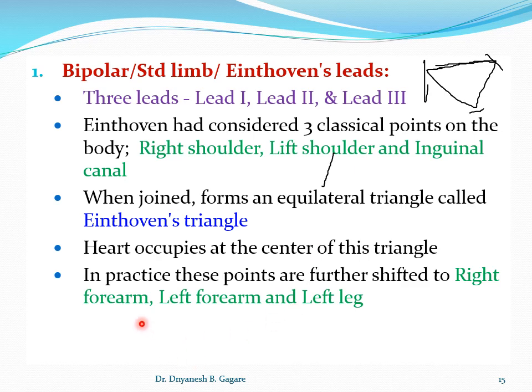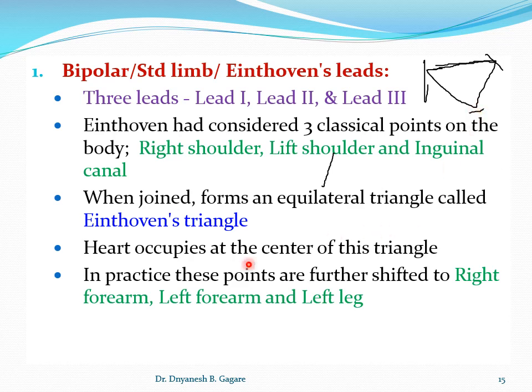In actual practice when you are recording the ECG, these 3 points, right shoulder, left shoulder and inguinal canal, are near the umbilicus. So these 3 points are further shifted to the right forearm, left forearm and left leg, because it is difficult to keep the electrode on the shoulder and the inguinal canal.